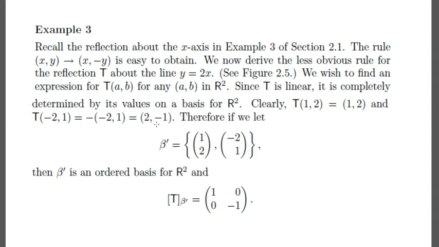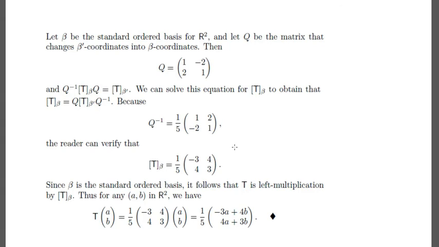So if we take beta dash as (1,2) and (-2,1), then these two are linearly independent members of R2. So this will form an ordered basis of R2. So the T matrix corresponding to beta dash will be equal to [1 0; 0 -1]. Now let beta be the standard basis of R2 and let Q be the matrix that changes beta dash into beta coordinates. So we can find Q now, and we know that Q inverse T beta Q is equal to T beta dash.